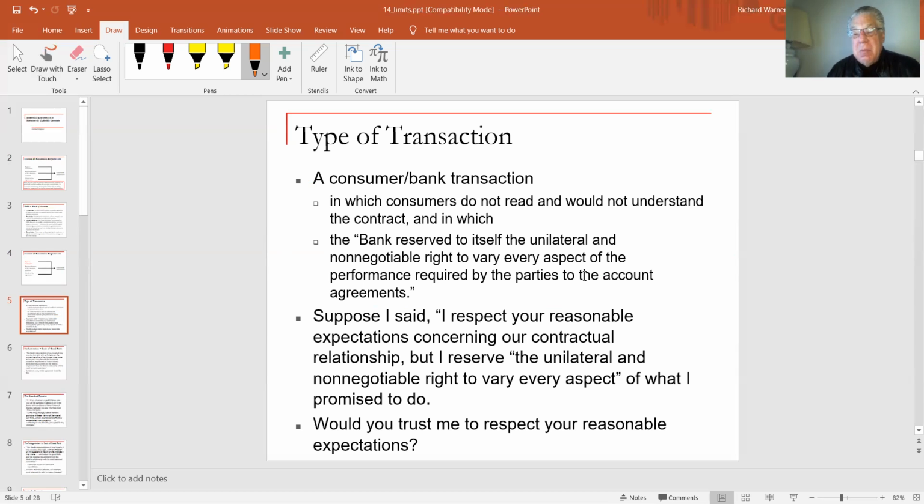You'd normally say no, right? If I say, gee, I just promised to do X, but of course I reserve the absolute right to change my mind to do X anytime whatsoever, you'd say, well, your promise is worthless. Right? That's what bothers the court.